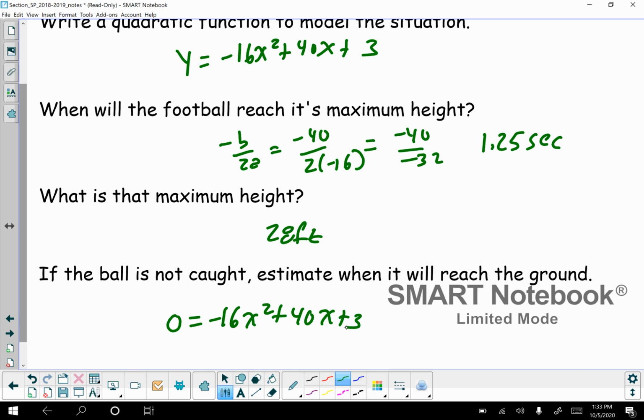So I can calculate a 0. So it looks like 2.57 seconds after it's kicked, it's going to hit the ground.